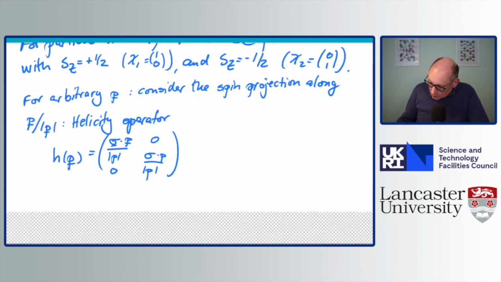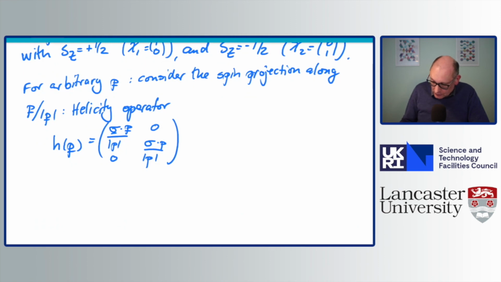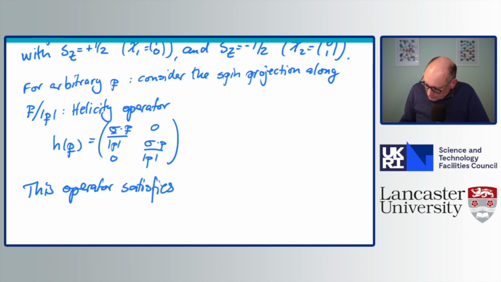Good. Now this operator, as you can easily check using the identities we've already used for the Pauli matrices, satisfies that h of P squared is equal to 1, because sigma dot P times sigma dot P is equal to P squared.